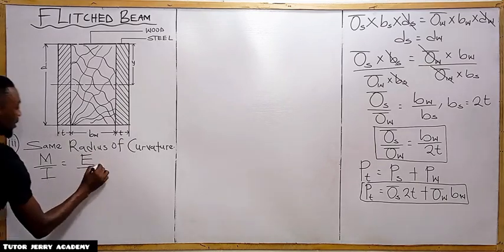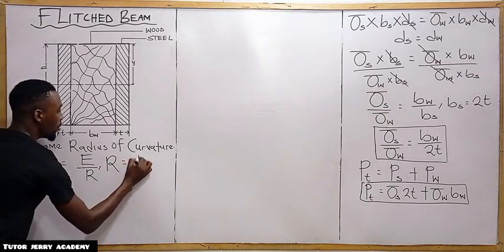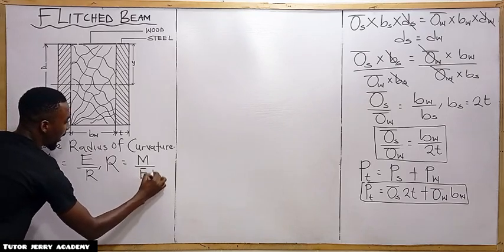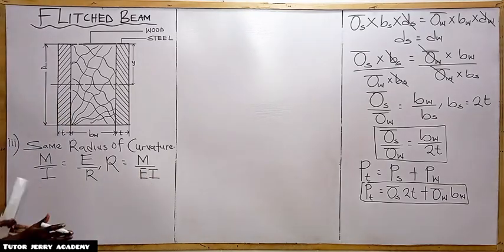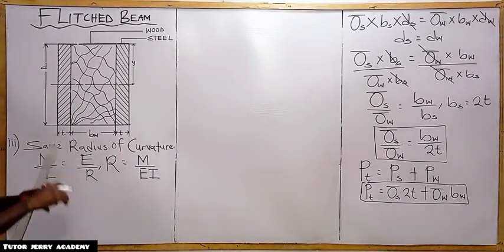So if we make R the subject, R will be equal to M over EI. It shows that the radius of curvature of steel is equal to the radius of curvature of wood.